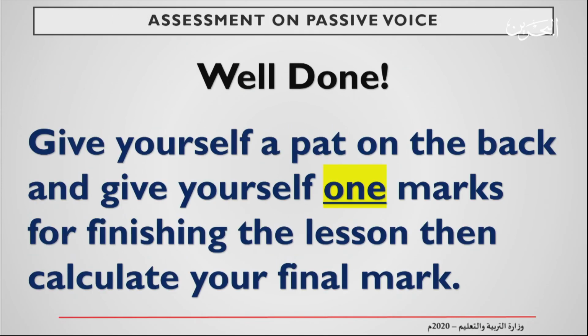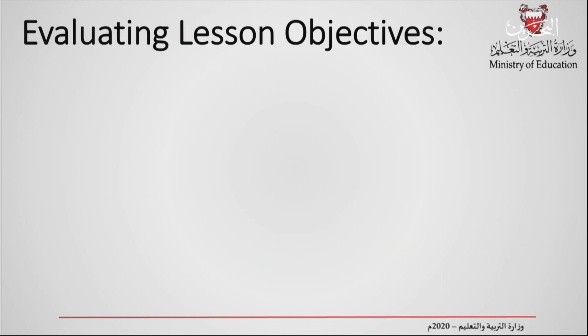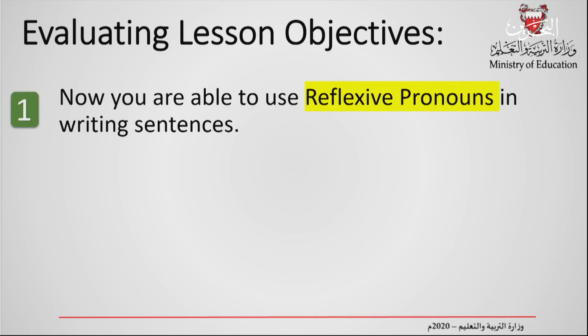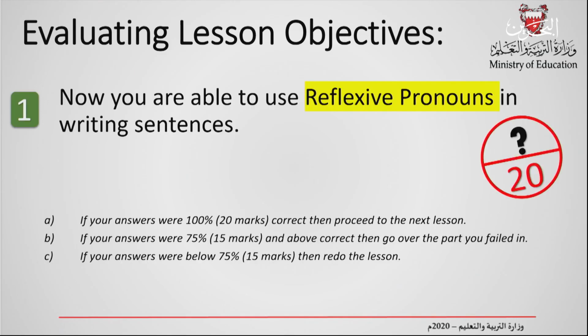Well done. Give yourself a pat on the back for finishing the lesson plus 1 mark and calculate your final mark. Evaluating lesson objectives. Now you are able to use reflexive pronouns in writing sentences and you have a mark of 20.